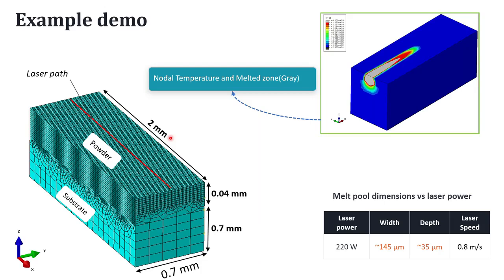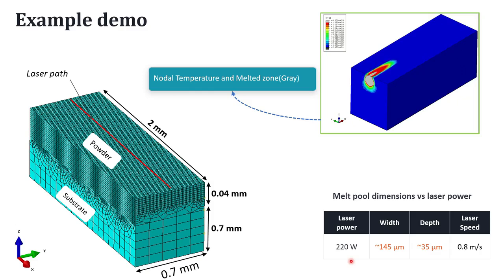Here is an example. The model domain is 2 mm by 0.7 mm wide, with a 0.04 mm powder layer on top of the substrate. Here you can see the laser path direction. The laser moves along this path at 0.8 meters per second with 220 watts of power.